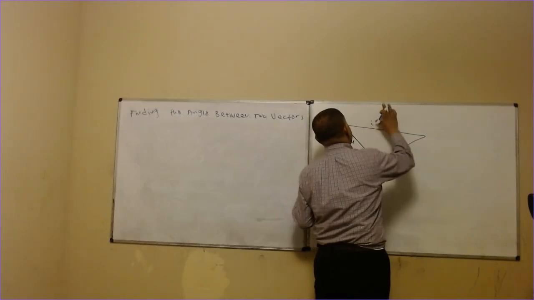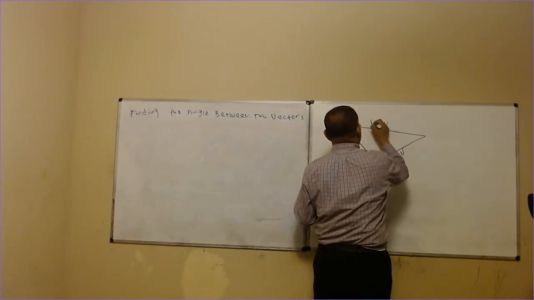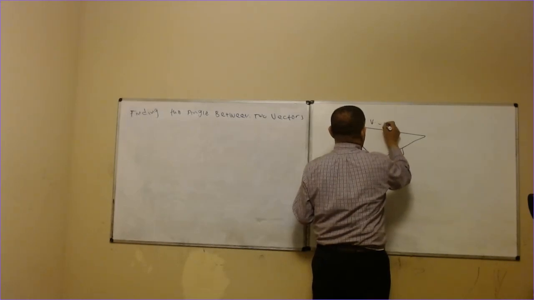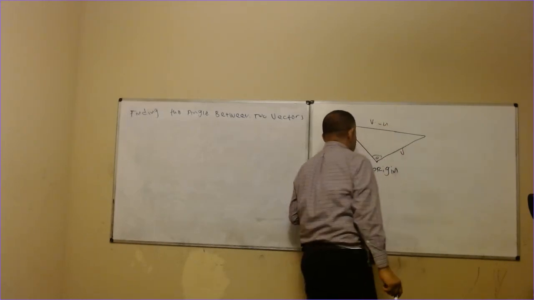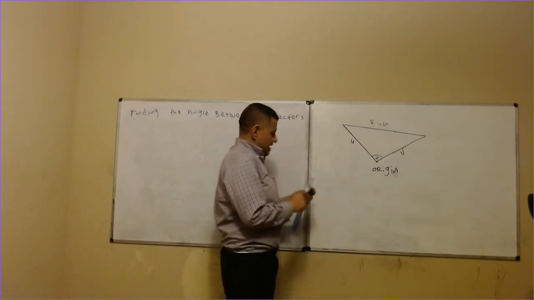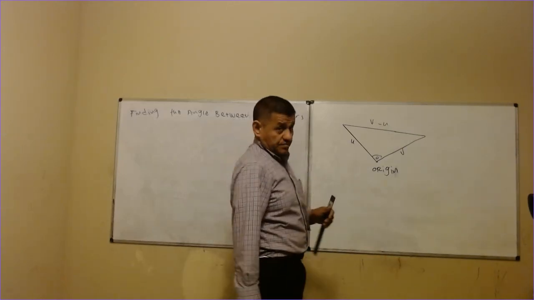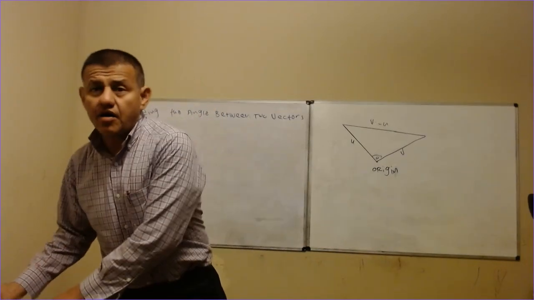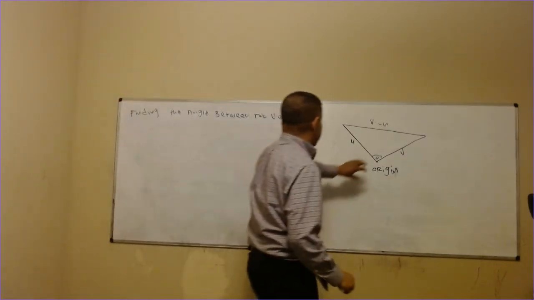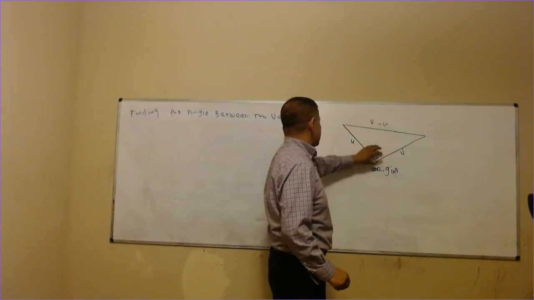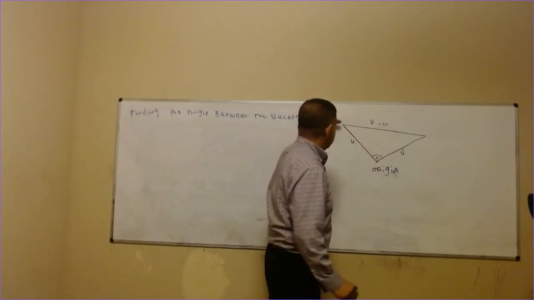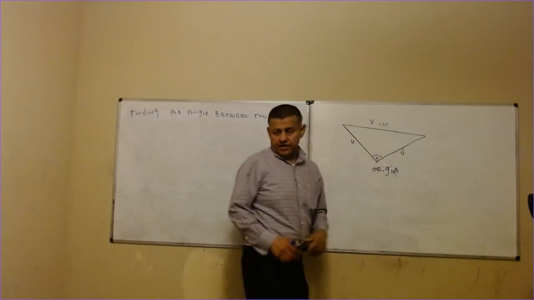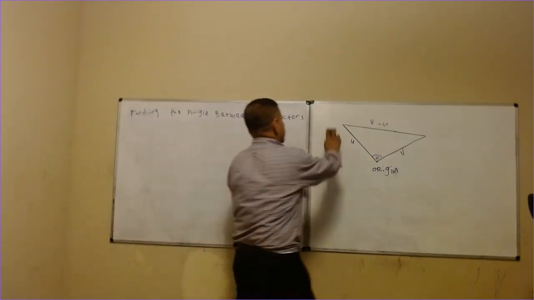I think it's better to say v minus u. So that's basically how we find the angle between those two vectors u and v. Okay, so let's get started.